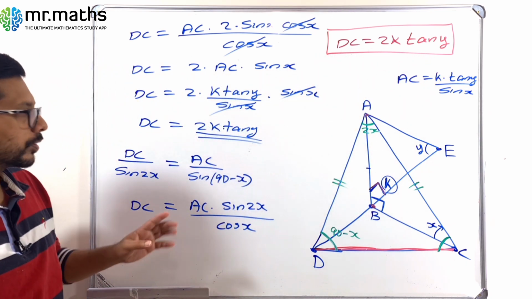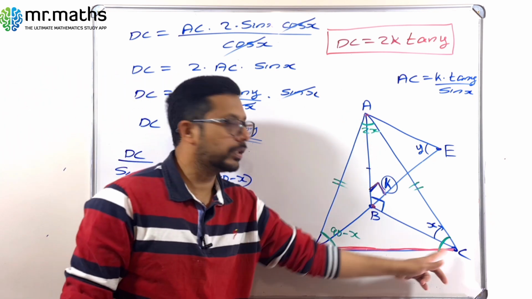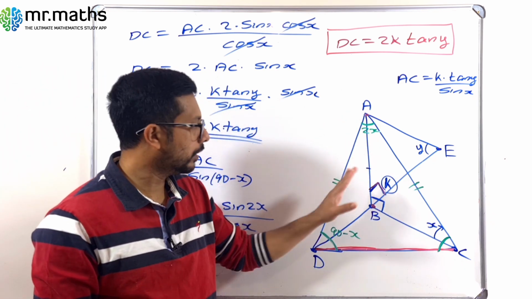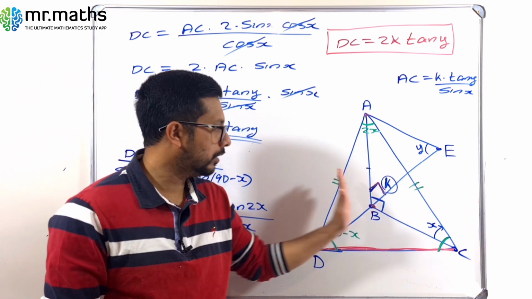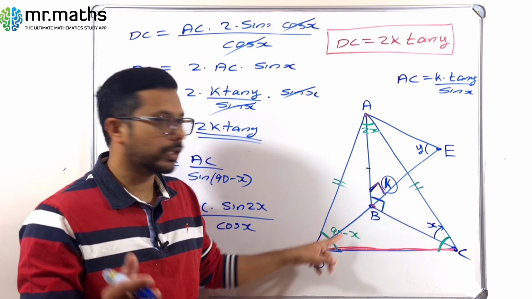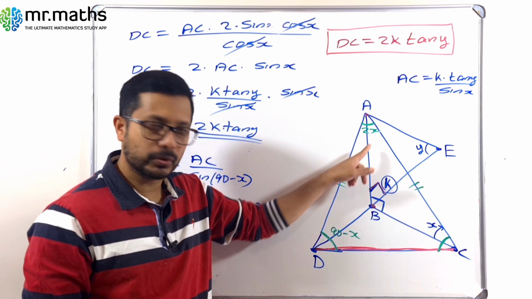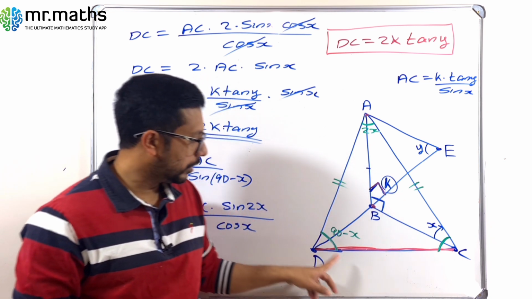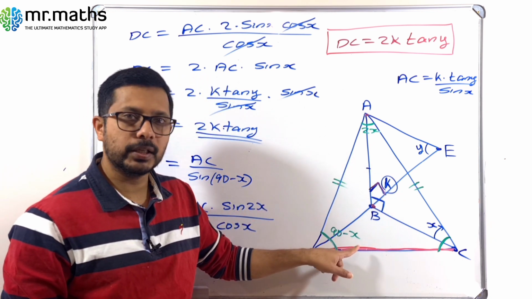Okay, so listen once more. In this triangle, it is given that this angle is 2x, and these two sides are equal. So one of these angles is (180 minus 2x) divided by 2, so we got D as 90 minus x.